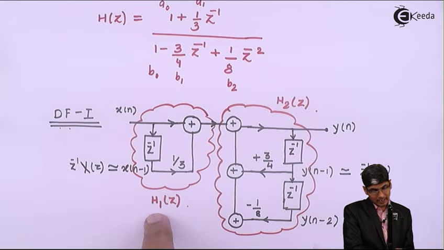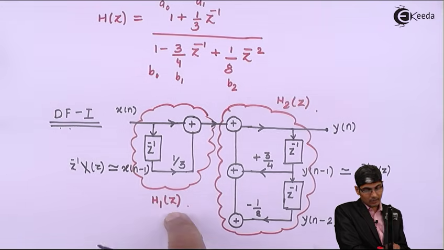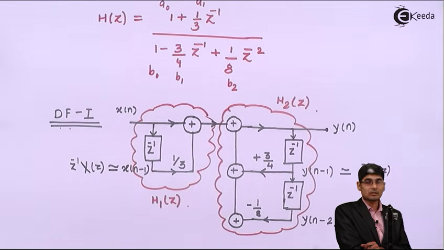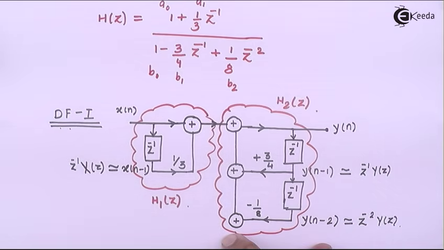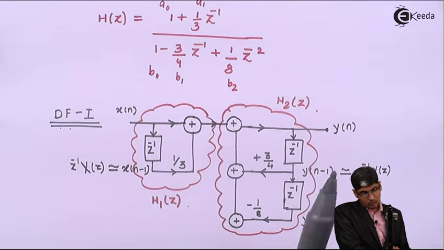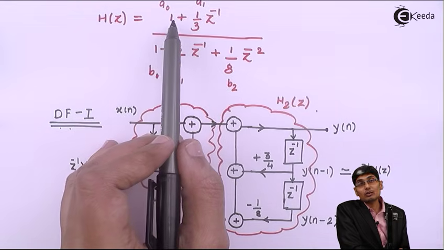And when I connect them in cascade, I will write it as h1 of z into h2 of z. That time the whole process will be h of z. So the complete process is h of z, but here I get half section as h1 of z and this is h2 of z.